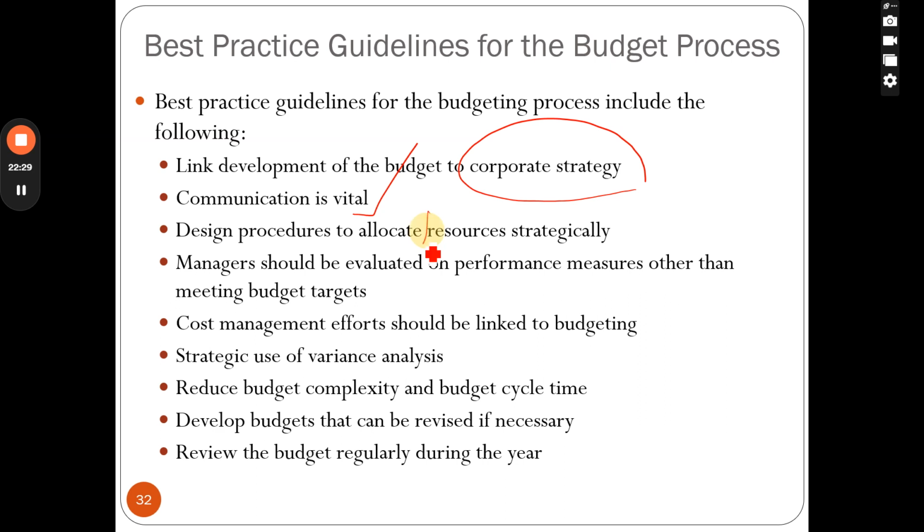And resources need to be allocated more efficiently. And managers should be evaluated on performance measures other than meeting budget targets. So when you are measuring the performance of the managers, we have to focus on the performance of the manager, not just the budgeted target.